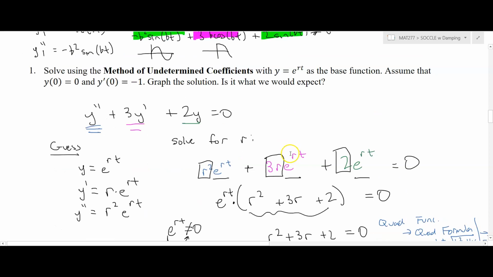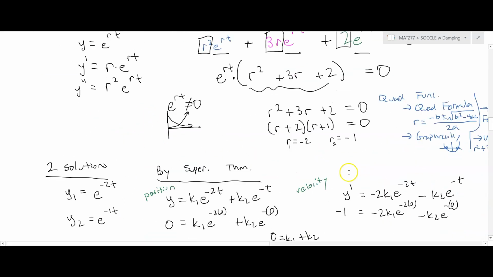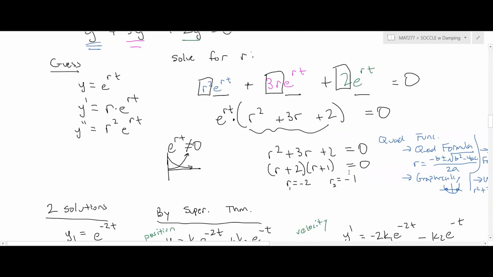So e to the rt, what we did is we said, let's just find the right r that does this. So if y is e to the rt, its derivative is r e to the rt, second derivative r squared e to the rt, and then we substitute in for those components and we solve for r.